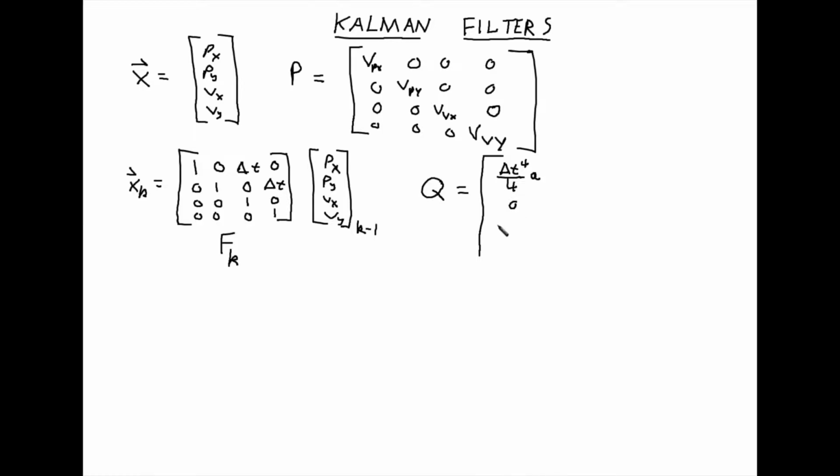And I'll have 0, and then delta t cubed over 2 times a, and then another 0, and I'll close this off.